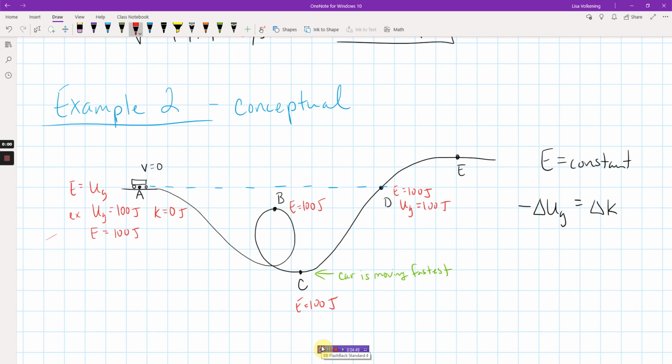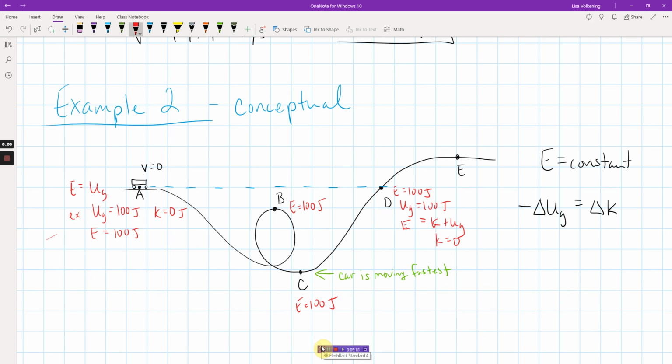And that means that my sum, kinetic plus potential, must add up to 100, which means that kinetic must be 0. At point D, this car's got to stop. And it will never make it to point E, because if the car stops right there, it can't go any higher.